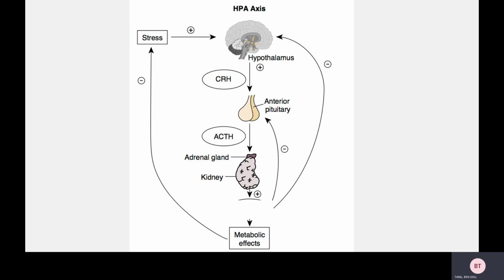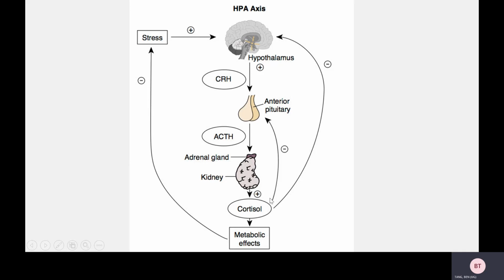But it works in the same way. It's stimulating the adrenal gland, which sits on top of the kidney, to release cortisol. Right, and you can see up here, there's the word stress. So stress basically starts the whole cycle. It stimulates the hypothalamus to release CRH.